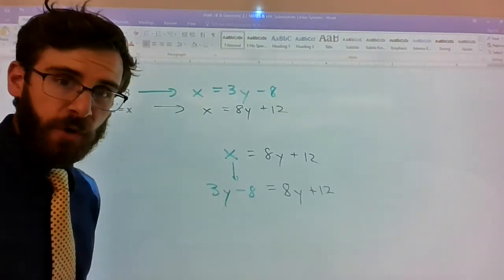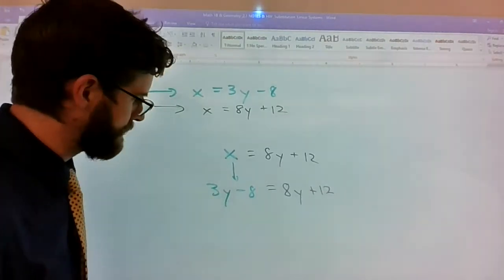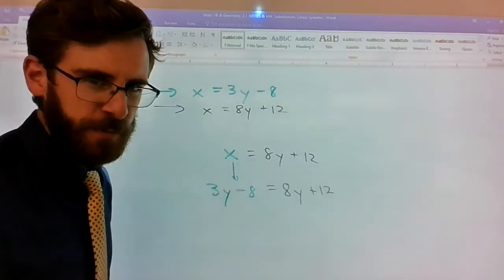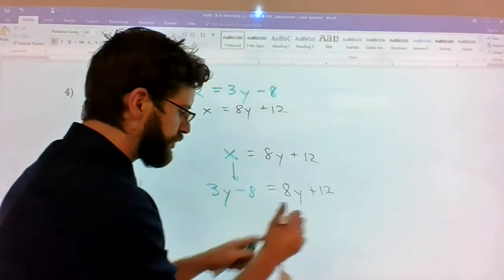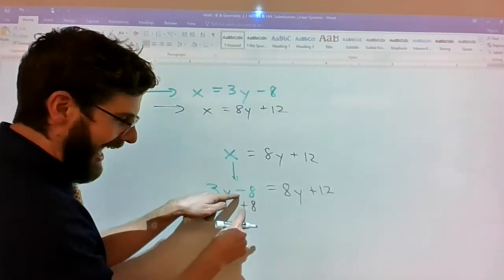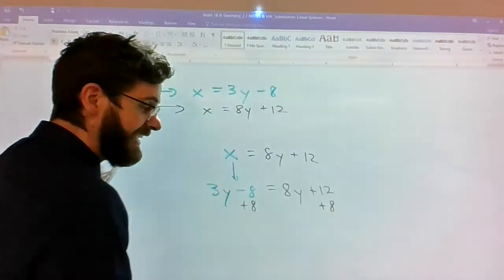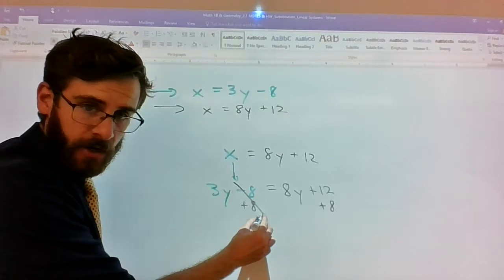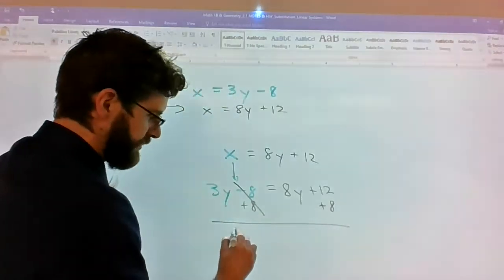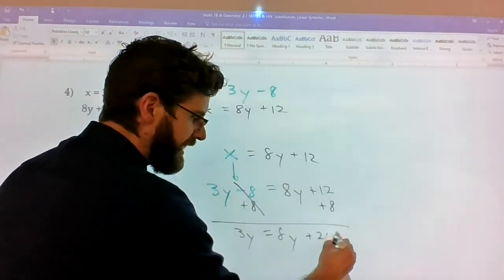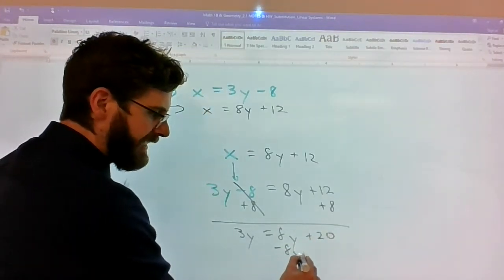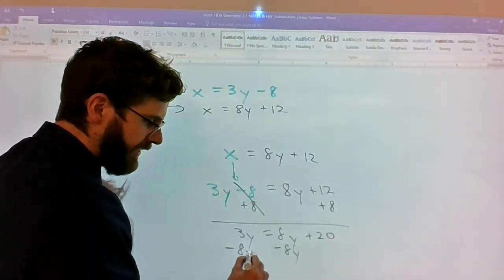Okay, how do we solve equations with variables on both sides? Pretty much the same way as before. I have a constant negative 8 that needs to go to 12, so I'm going to add it to this side, add it to that side. It zeroes out here. Okay, so I got 3y is equal to 8y plus 20. And then I could subtract the 8y here, subtract the 8y here.